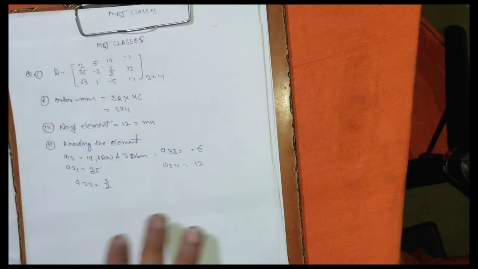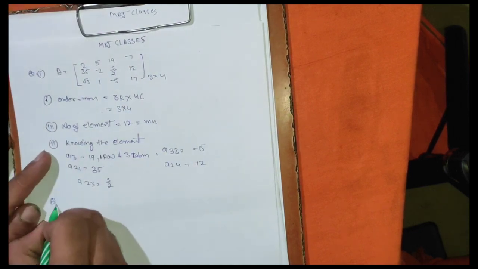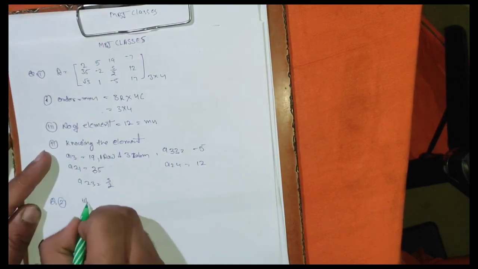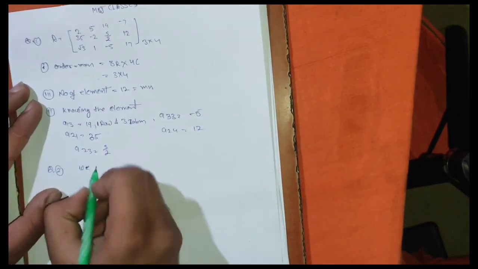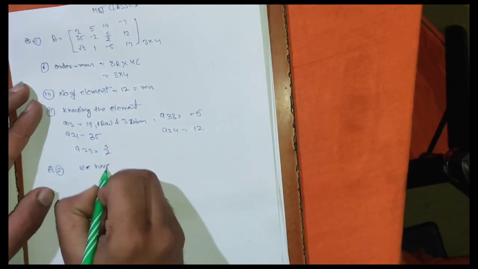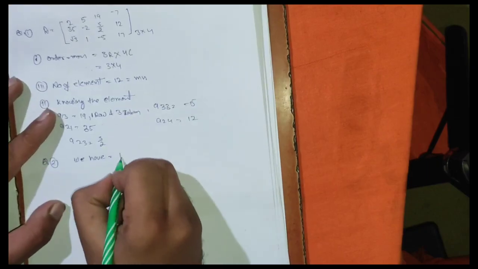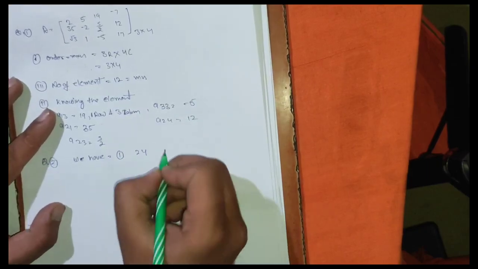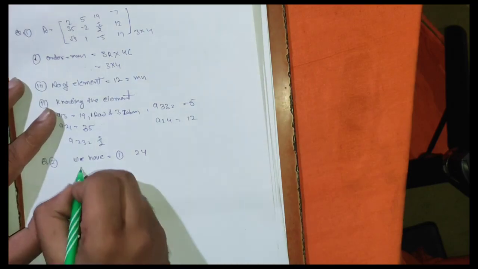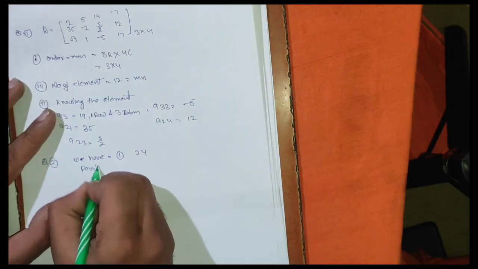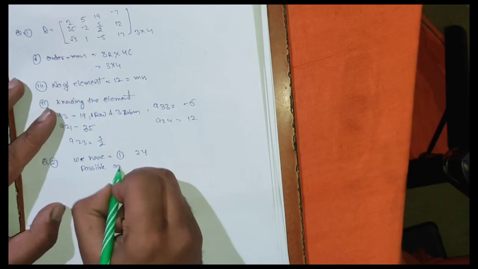Similarly, question 2 has 24 elements, and we want the possible orders.